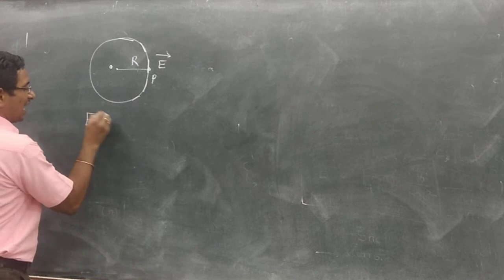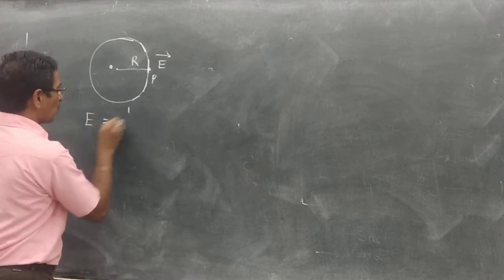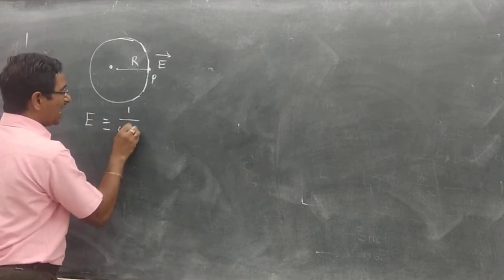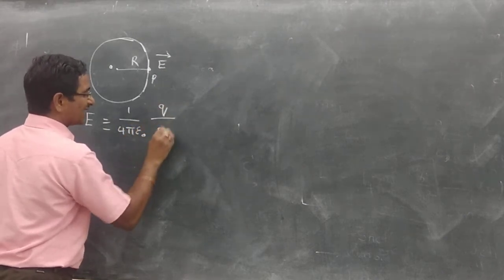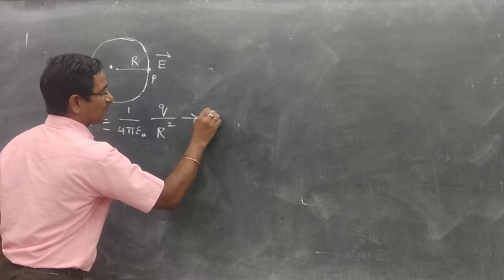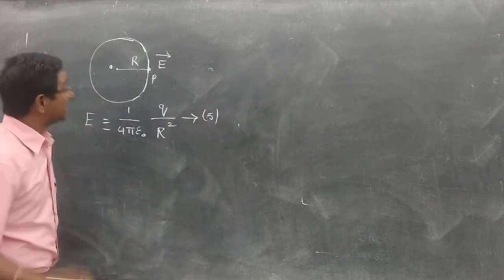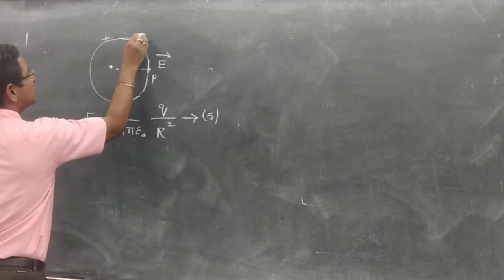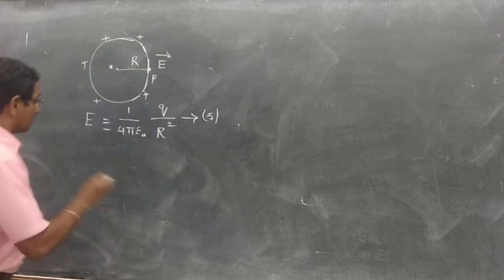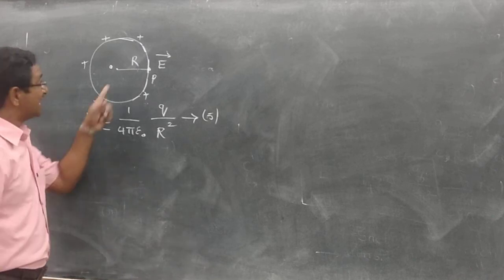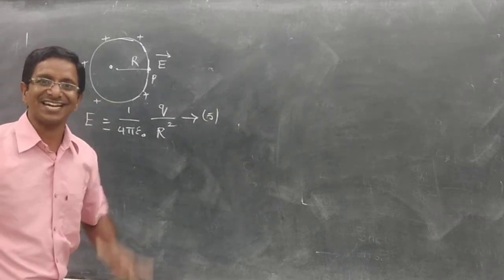The electric field is equal to 1 by 4 pi epsilon naught Q by R square, equation number 5. But whenever the charge is on the sphere, therefore it has surface charge density.